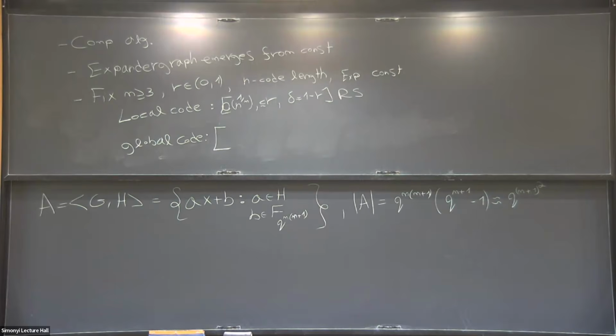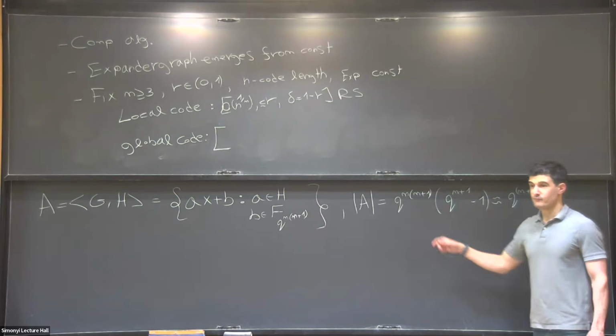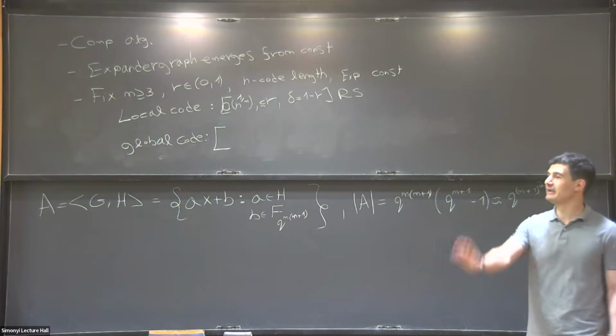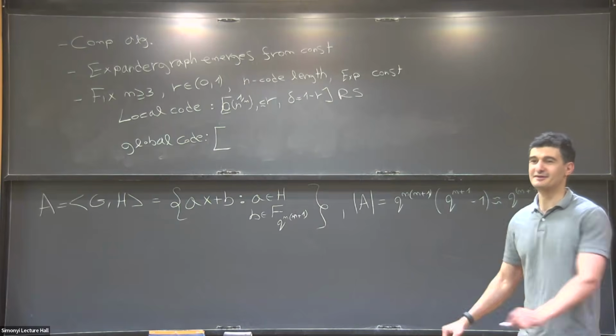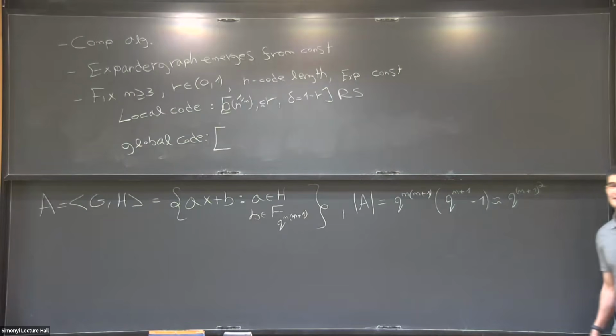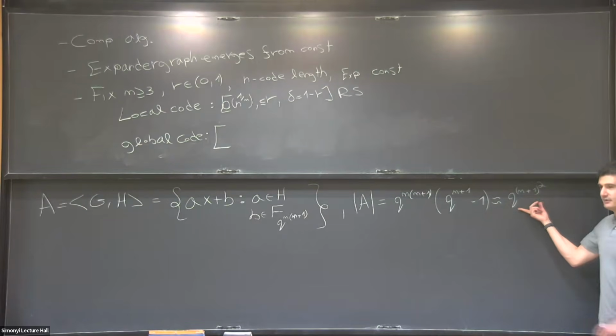Wait a minute, no, I made a mistake. M plus 1 plus M plus 1 is M plus 1 times M plus 1? Someone in the audience agrees with me, so I'm good. So if I ignore the minus 1, this is actually this.